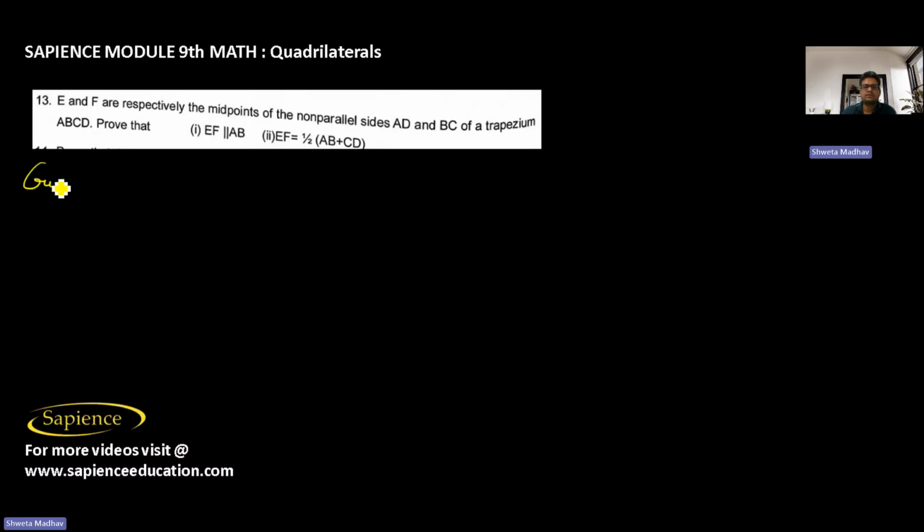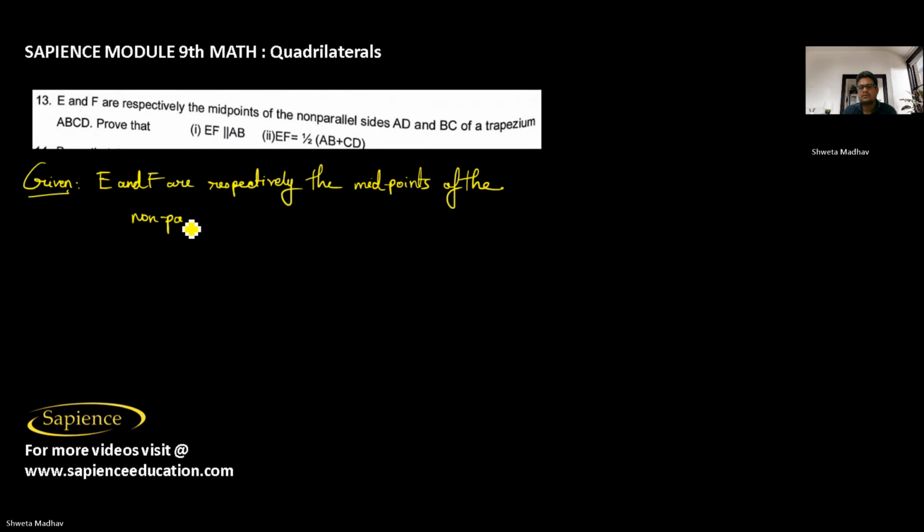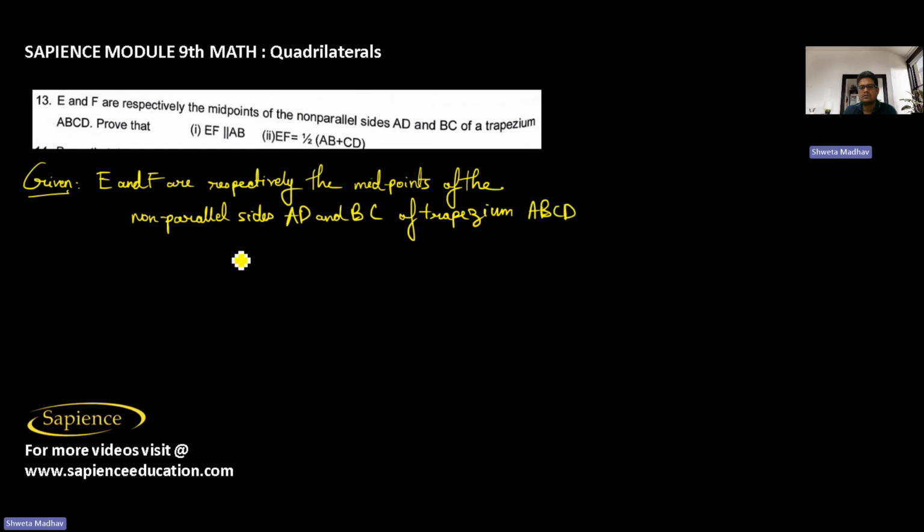Here it is given that E and F are respectively the midpoints of the non-parallel sides AD and BC of trapezium ABCD. So obviously AB is parallel to DC.